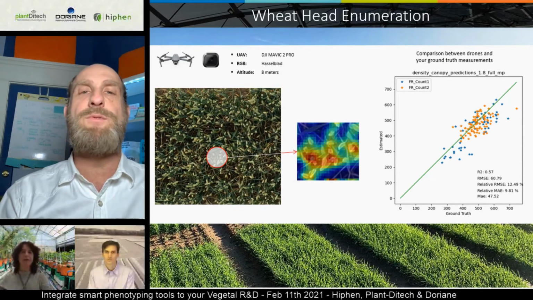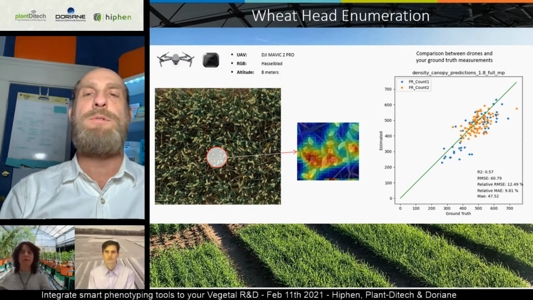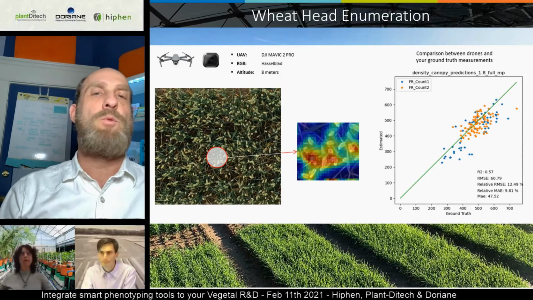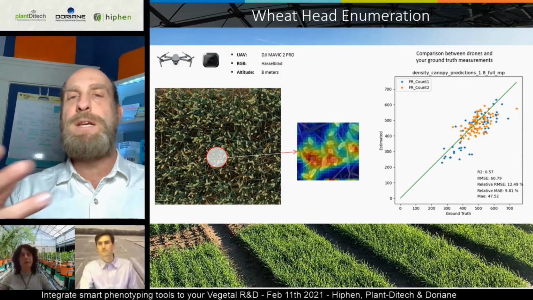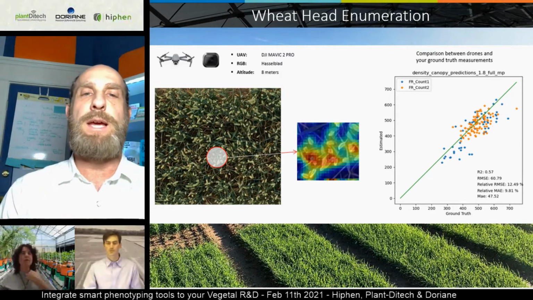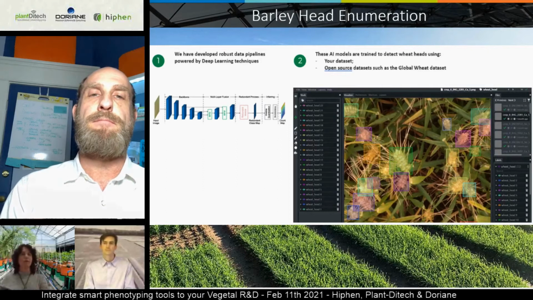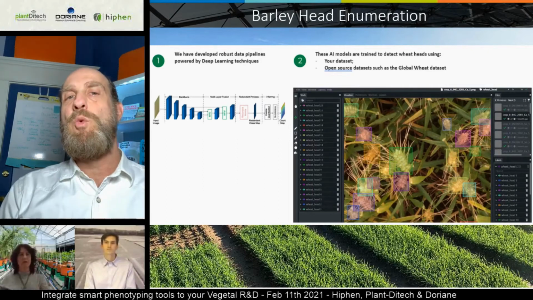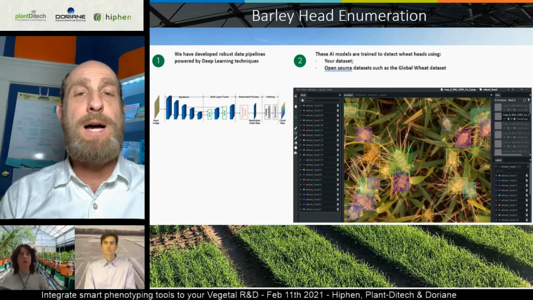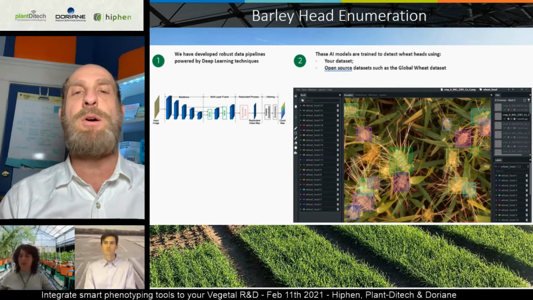The take-home message for our research clients and partners is that we now have wheat head counting as part of our production platform. Whether you have drones, phenomobiles, handheld units, we now can help you count wheat heads in an automated and consistent manner. One exciting extension of this project was that the convolutional neural network behind the model is robust enough that we've actually been able to extend it to barley also.